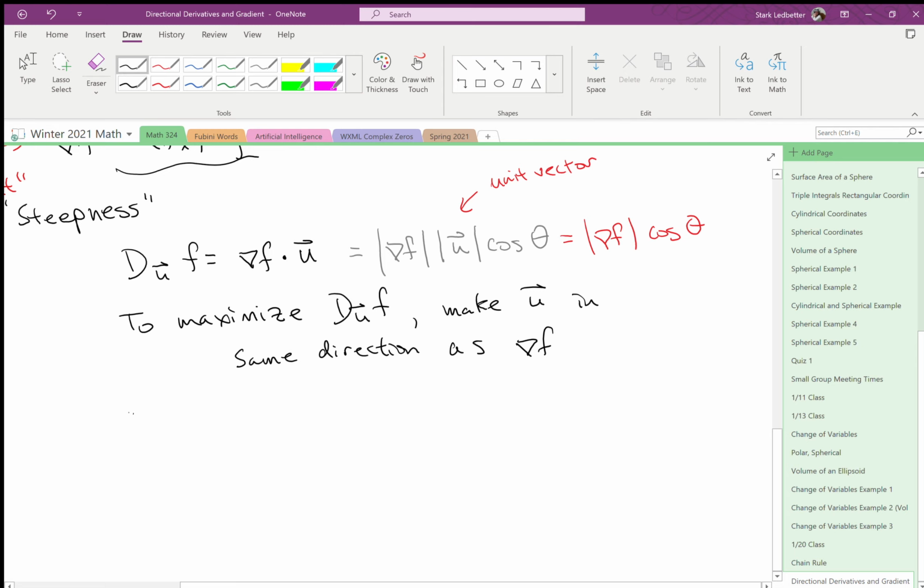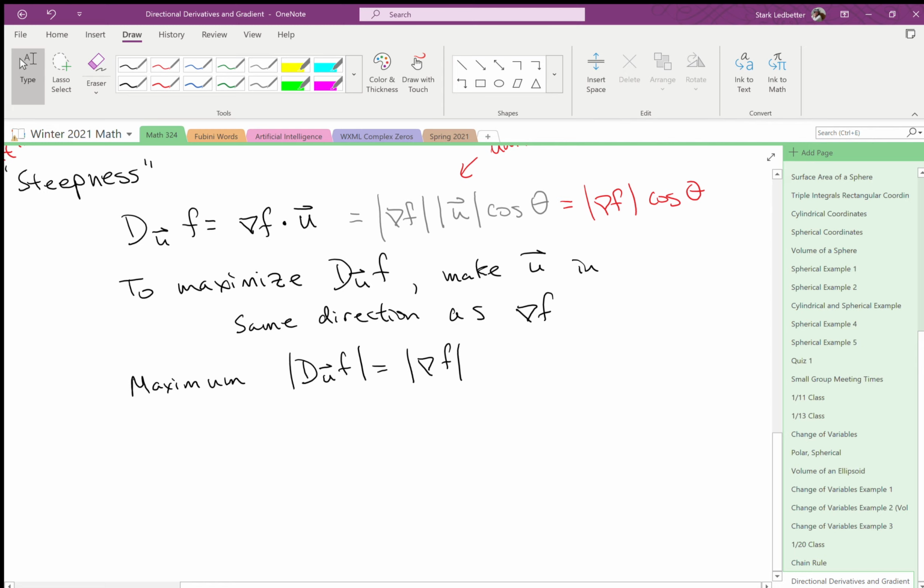So the maximum magnitude of the directional derivative is actually going to be the same as the magnitude of the del function. That's how to maximize it: we make theta basically 0. If we wanted to maximize it but going in the opposite direction, so make it as big as possible negatively, we just make u go in the negative direction of del, make theta pi basically.